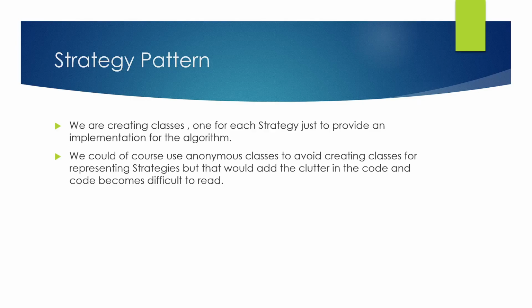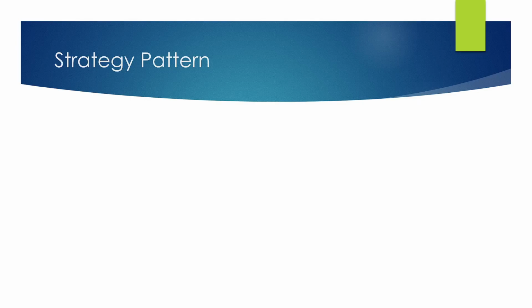So in this area, can we apply any Java 8 features to improve the code implementation for the strategy pattern, which is done in Java 7? As it turns out, in Java 8 there is a concept known as functional interfaces. A functional interface is an interface which consists of only one abstract method.